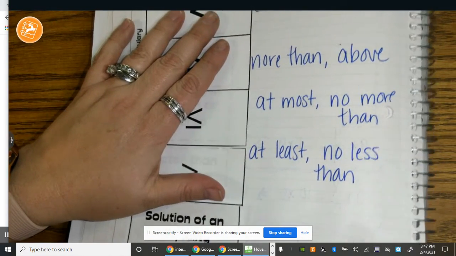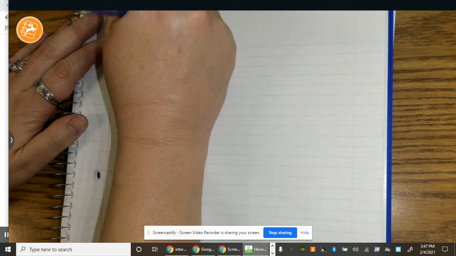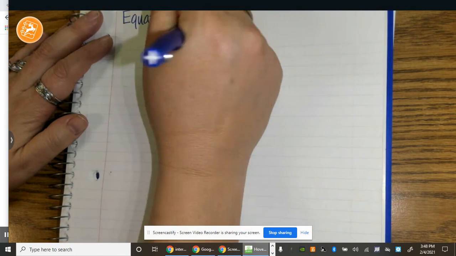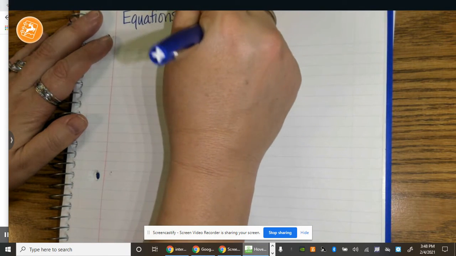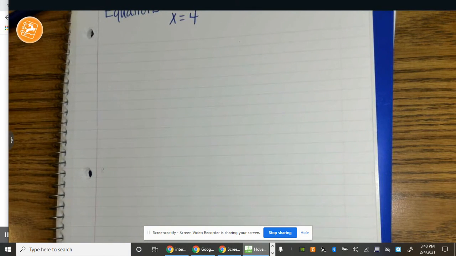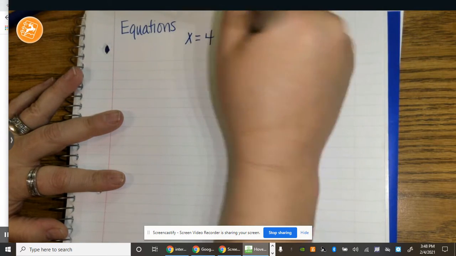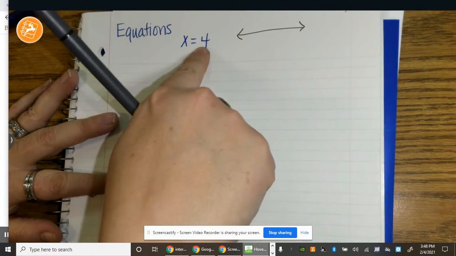Now, speaking of inequality symbols, we're going to start graphing some inequalities. So let's first start off with equations. We just finished equations, and when we were graphing equations, such as x is equal to 4, we started off with a number line. I'm going to draw a blank number line, and it has to have this number somewhere on it.